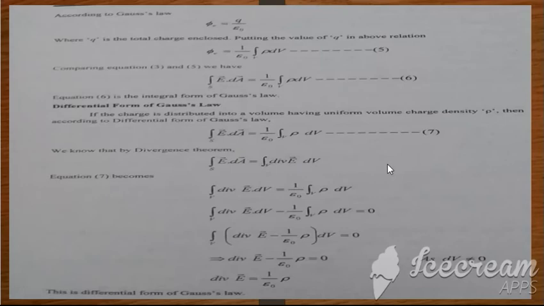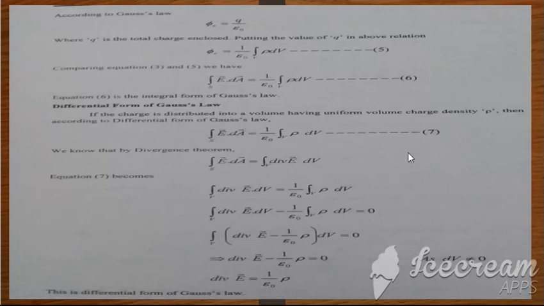We know that by the divergence theorem, when we convert a surface integral into a volume integral, surface integral E dot dA is equal to volume integral divergence E dV. So volume integral divergence E dV is equal to 1 over epsilon naught volume integral rho dV.